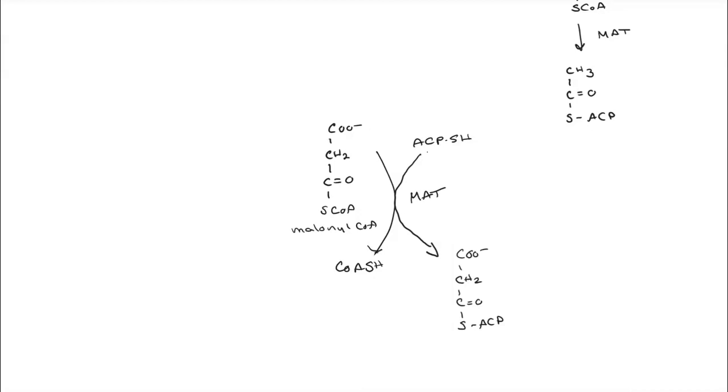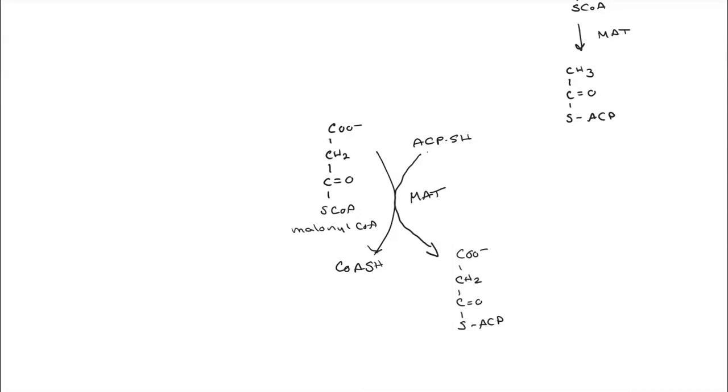So now we have both malonyl and acetyl transferred to acyl carrier protein. Now enters the next enzyme, KS, which stands for beta-ketoacyl ACP synthase. And it's going to be responsible for our initial link of the acetyl to the malonyl.